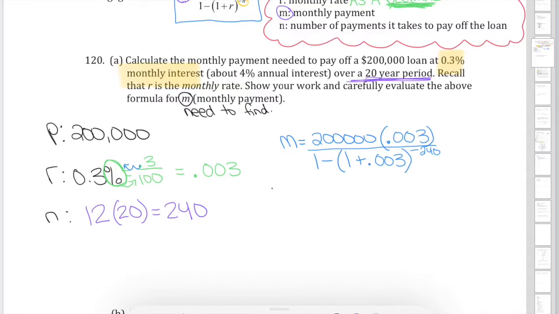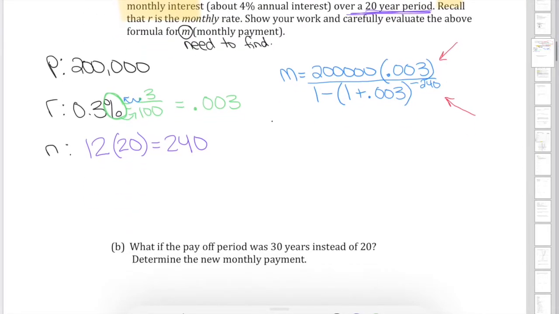Okay, so something else we haven't really worked with is simplifying something using PEMDAS that's a fraction. When you have a fraction and you're using PEMDAS to simplify, you use PEMDAS on the top and the bottom separately. So I'm going to PEMDAS the top first, which is very, very easy because it's just multiplication. It's 200,000 times 0.003.